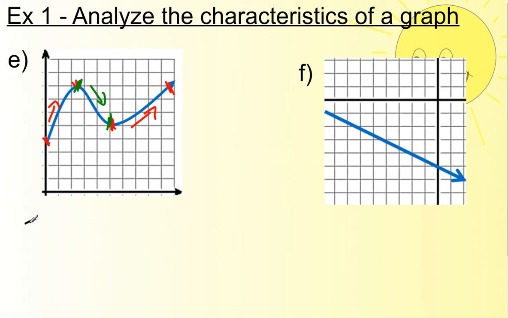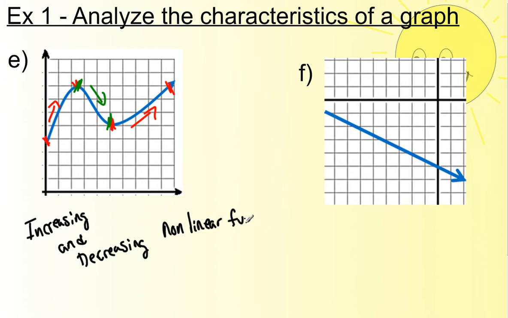So this is both increasing and decreasing, and linear or not linear? Well, if it's both going up and down in the same graph, it can't be a straight line. Straight lines have constant slope, so this has to be a nonlinear function.